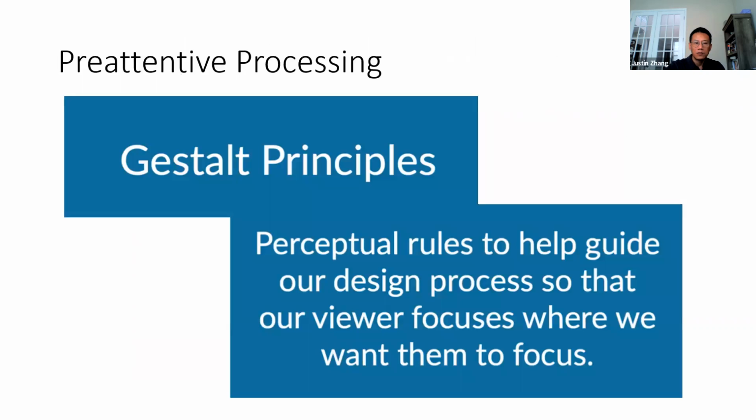So let's recall the pre-attentive processing that we mentioned before. Gestalt principles emphasize perceptual rules to help guide our design process so that our viewer focuses where we want them to focus.